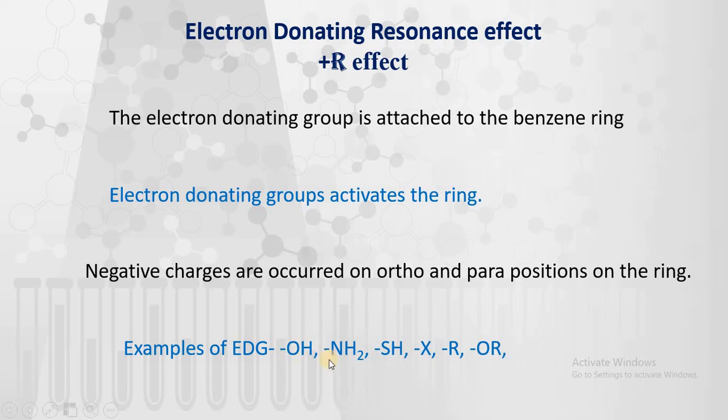OH group, that is in phenol, NH2 group, that is in amines, SH group, that is in thiols, then X means all the halogen atoms, R group, actually here it is going to give electrons with another effect, then OR group, that is the ether group. They all have higher electronegativity as compared to carbon, and when they are attached to the ring, they show electron donating nature and activate the ring.